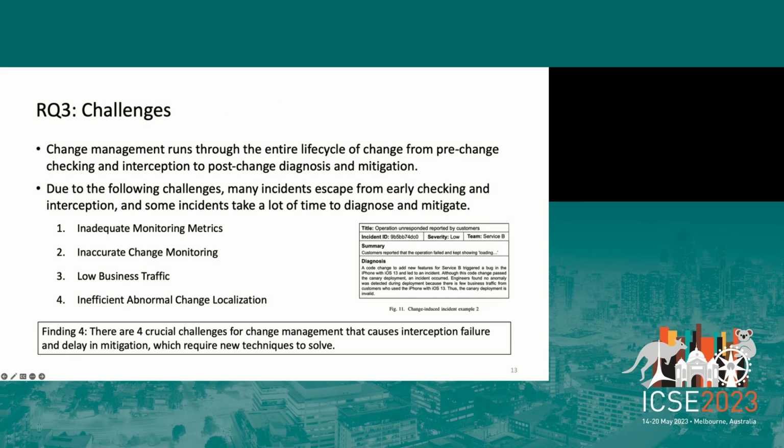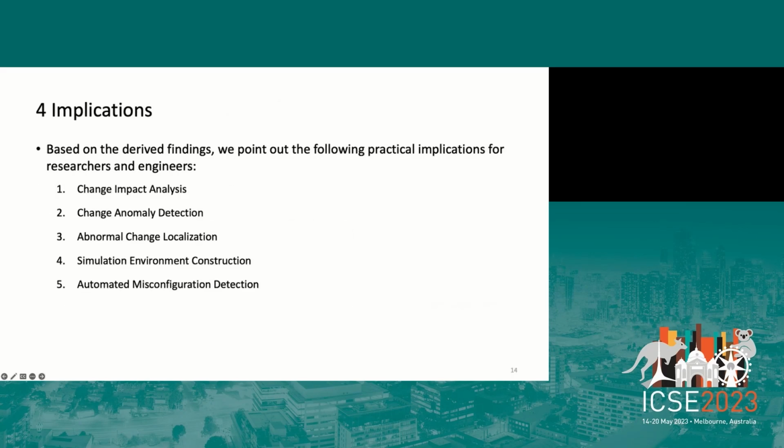On the other hand, even though issues can be triggered, the slight fluctuation of monitoring data makes it difficult for managers to detect anomalies. Based on the above findings, we point out 4 practical implications. Here, we introduce the implication of simulation environment construction.